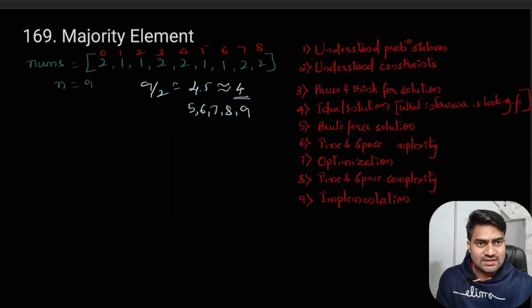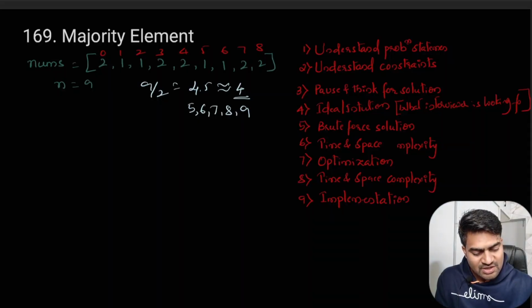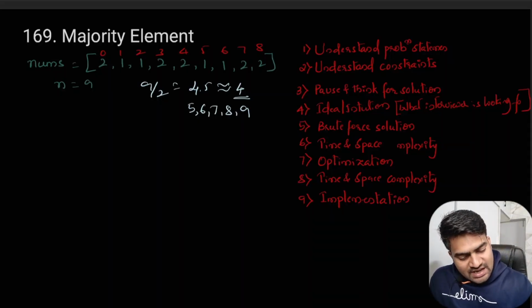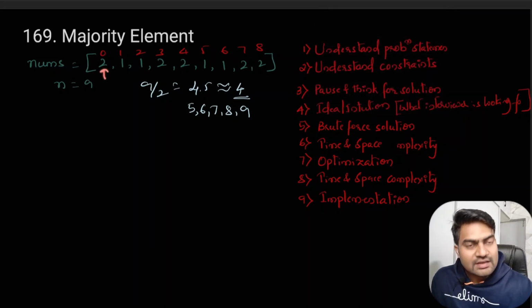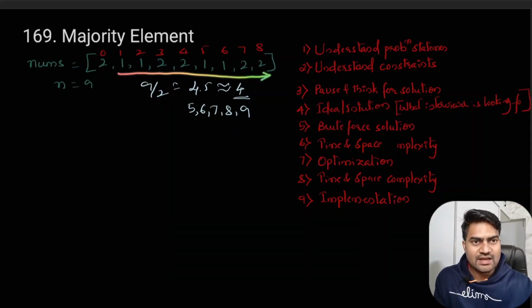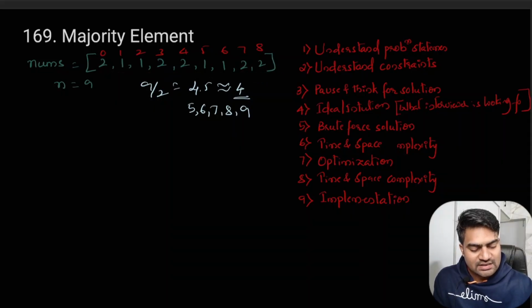What is the extreme naive solution we can think of whenever we talk about the majority element? Maybe one thing we can do is start with any element and then scan throughout the array and count the occurrences of that particular element.